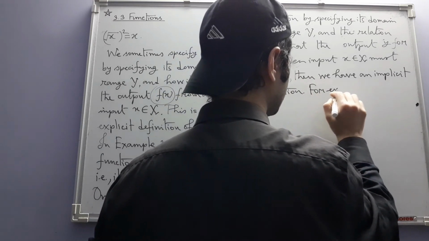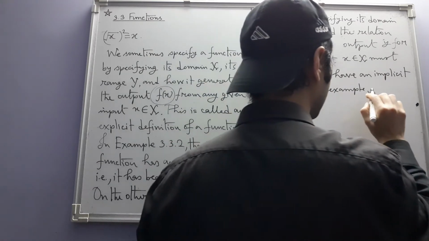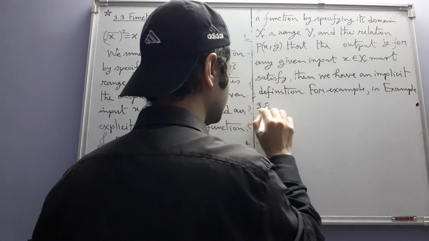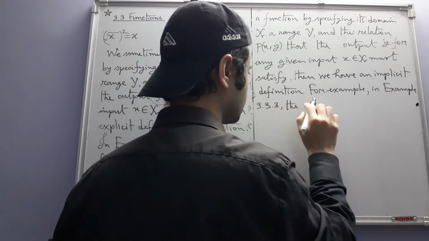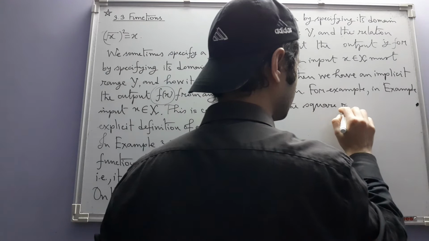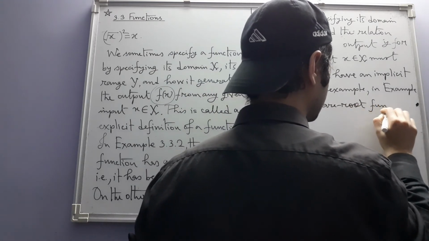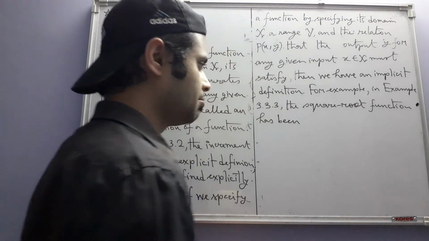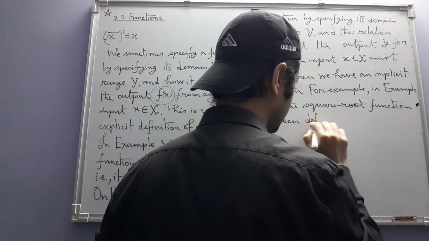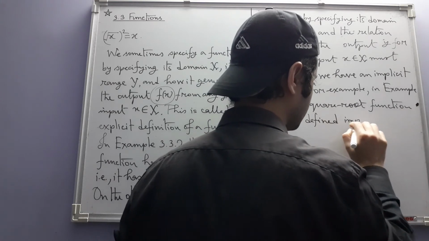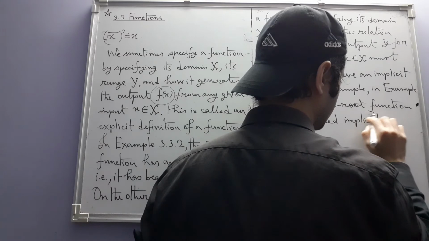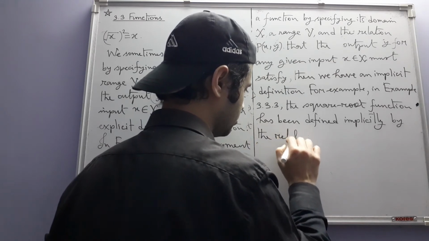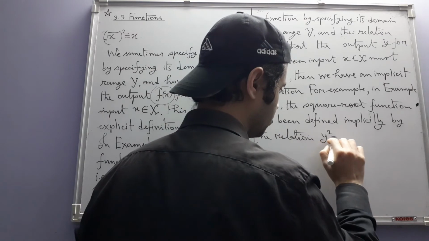For example, in the previous example 333, the square root function has an implicit definition, or has been defined implicitly by the relation y squared is equal to x.